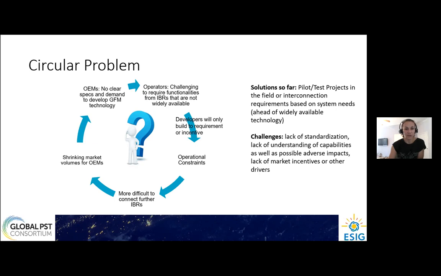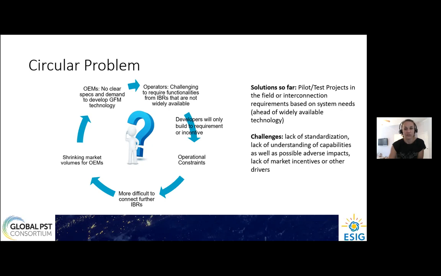On the other hand, manufacturers don't have clear specifications of what grid forming inverters are supposed to do to help the grid. So the solutions so far have been pilot projects in the field. And some operators have started producing draft grid requirements for grid forming inverters.